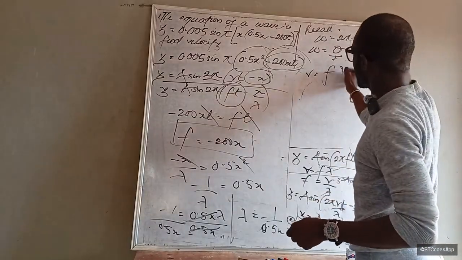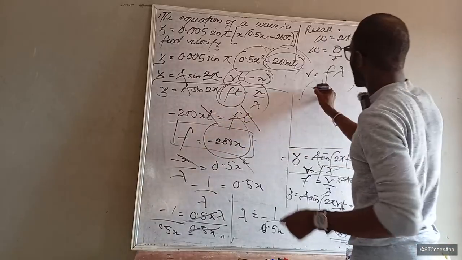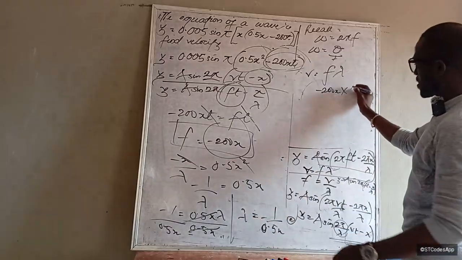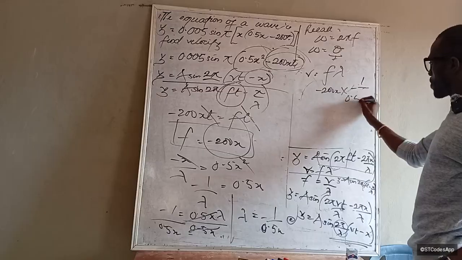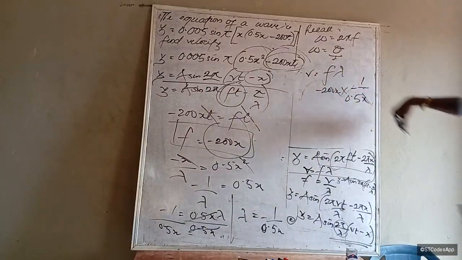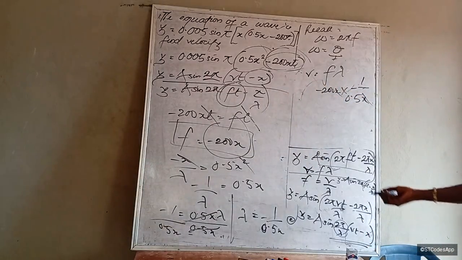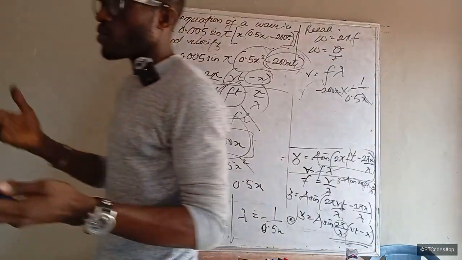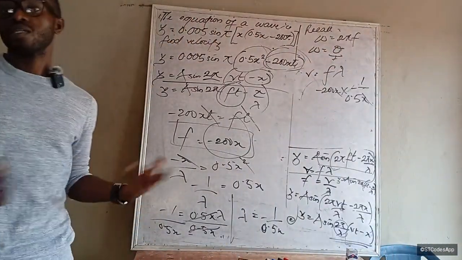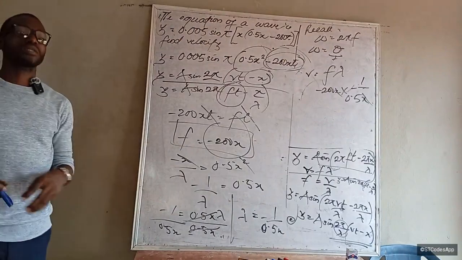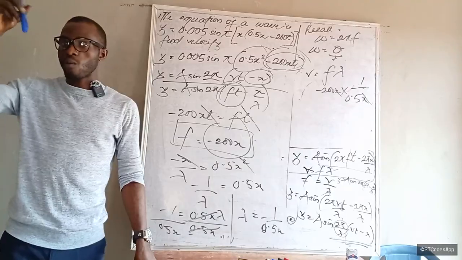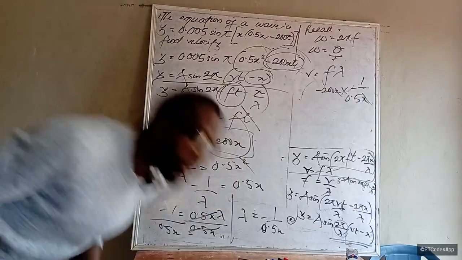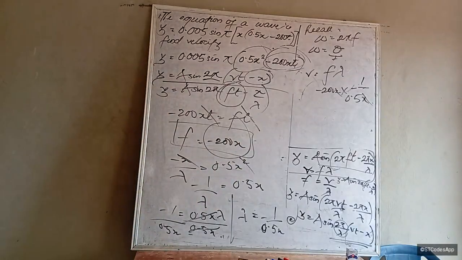And v is equal to f lambda. f is this, minus 200x, times lambda, which is this, minus 1 over 0.5x. x cancels x. 0.5, 400. Whatever method you use, you get the same answer. That's what you did. Do you understand now? Alright, good. So now, when you get home, solve other questions on this particular one. Is it clear? Alright, let's attempt questions now.